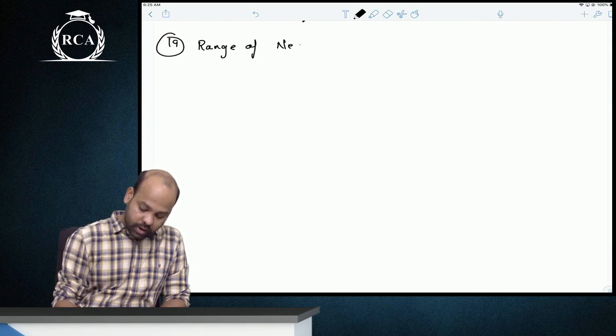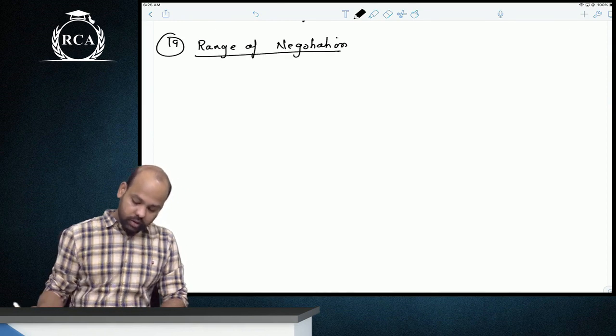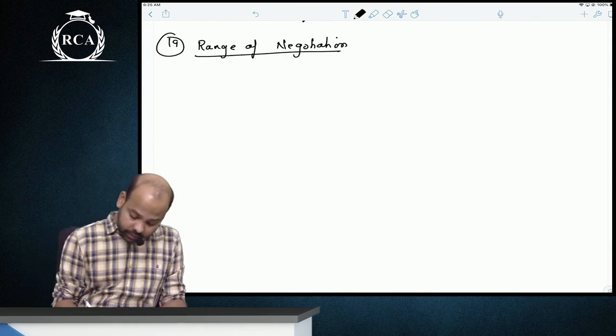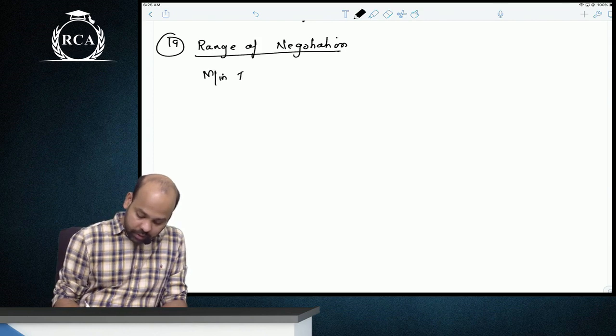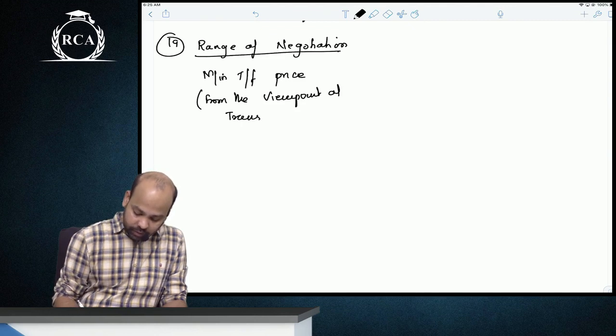If you want to arrive at the range of negotiation, remember, it will always start with the minimum transfer price. This is from the viewpoint of the transferring division.